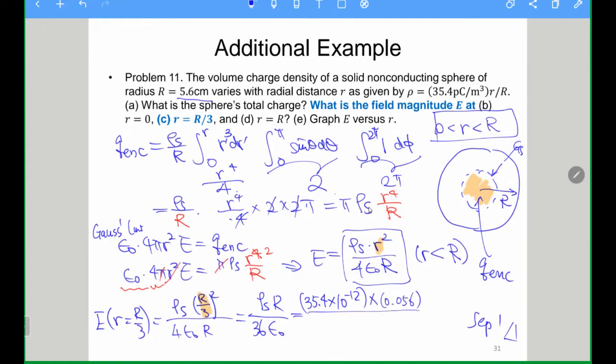And then over 36 times epsilon naught, which is 8.85 times 10 to the minus 12. Okay, so the answer will be 6.22 times 10 to the minus third power, and the unit is, of course, Newton per Coulomb. So this is the answer for part C.